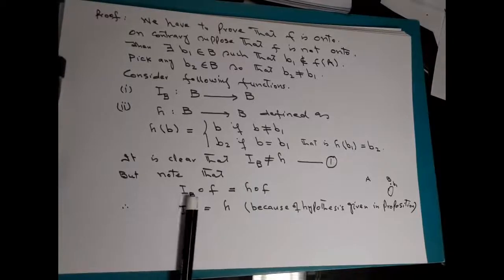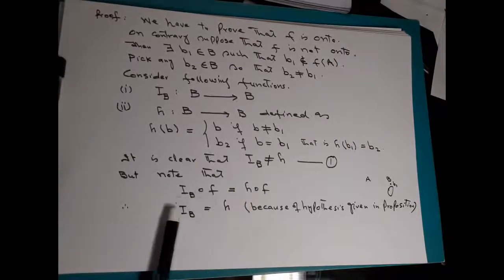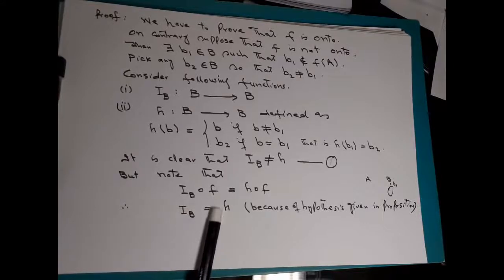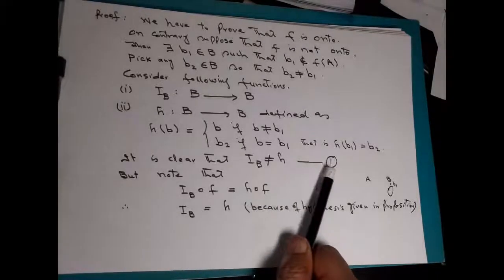Since these two compositions are equal, therefore identity of B is equal to h. So this is because it is given in our statement of the proposition. But this contradicts one.